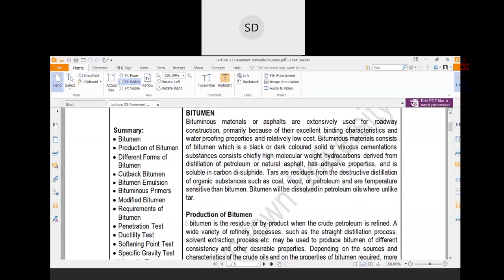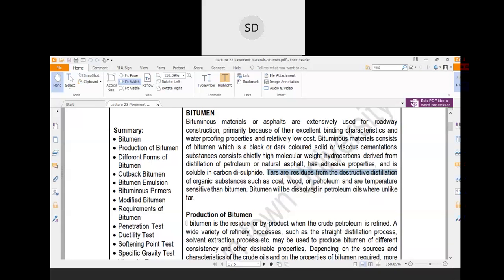So it also has some adhesive properties and is soluble in carbon disulfide. Now tars are residues from the destructive distillation of organic substances such as coal, wood, or petroleum, and are much more temperature sensitive than the bitumen.